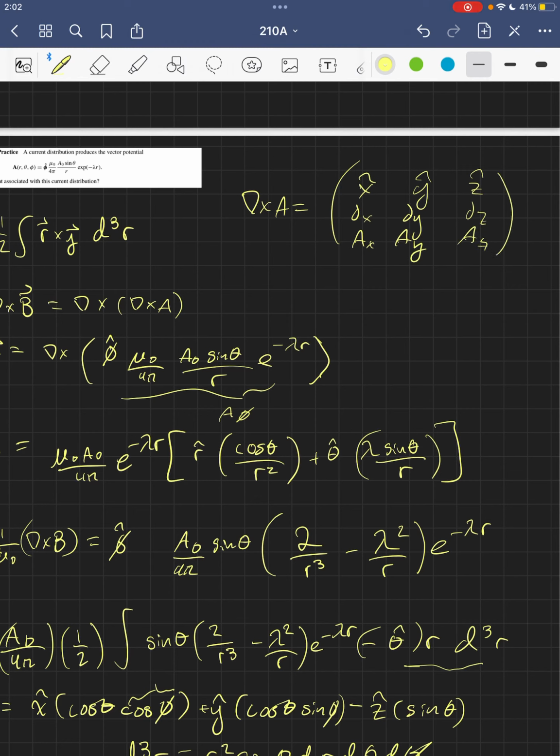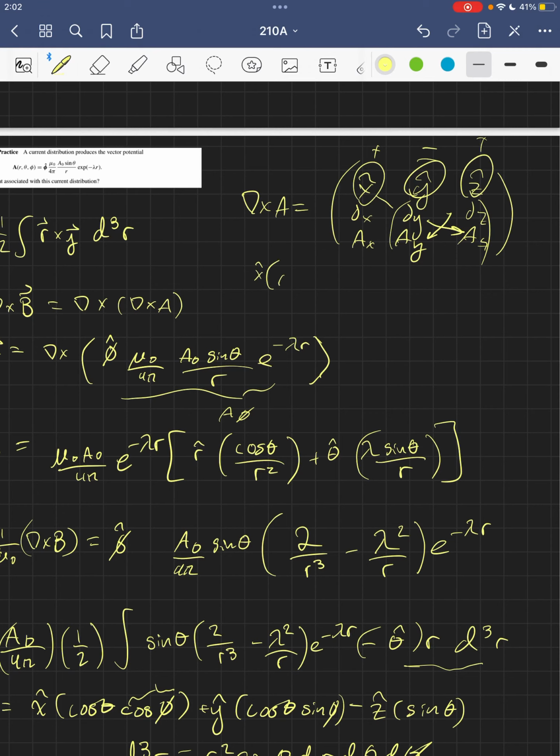I think I introduced it the very first week of class, just in case you didn't. But with the curl, you can always use the matrix determinant method, where you just take x hat and then you look at this lower quadrant. So we're going to take the partial derivative with respect to y of az, minus the partial derivative with respect to z of ay. And then you're going to take minus the center one, so this would be plus, minus, plus.